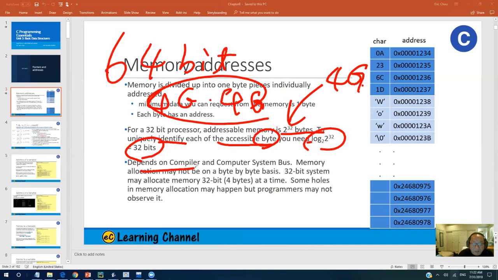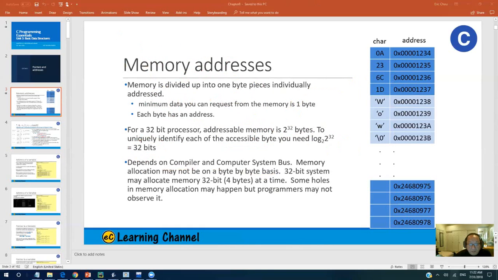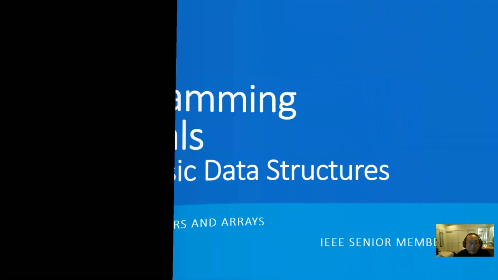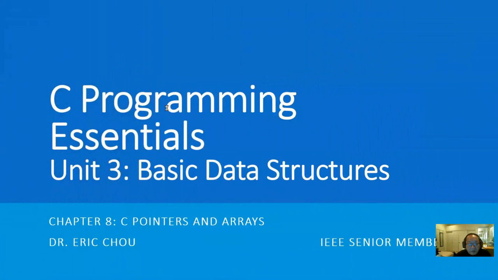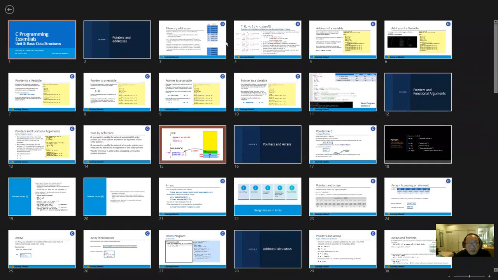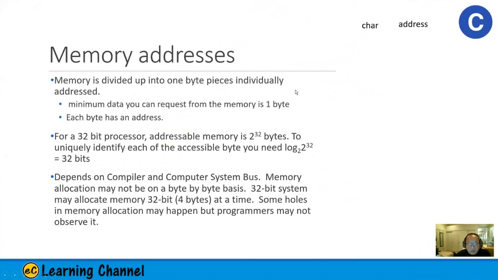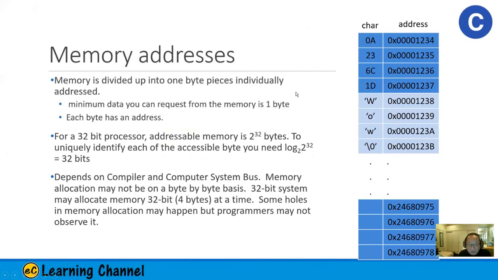Depending on the compiler and computer system bus, memory allocation may not be on a byte by byte basis. So right now, usually 64 bits will be read, and if you just want to pick up 8 bits, the rest will just be ignored.